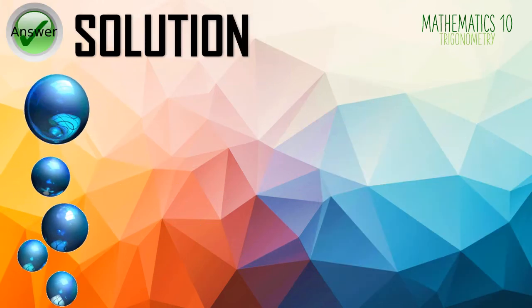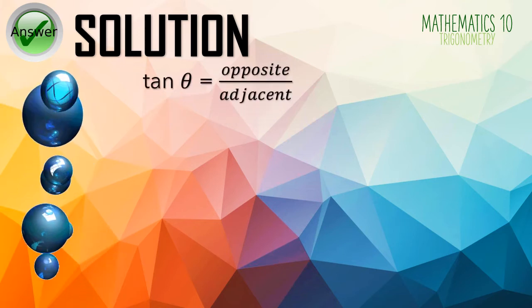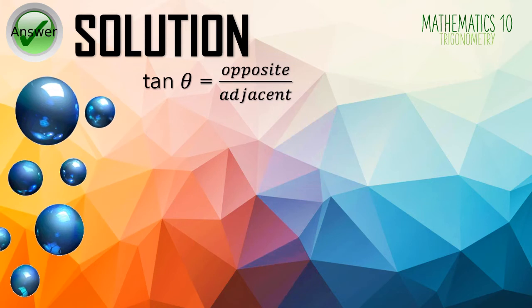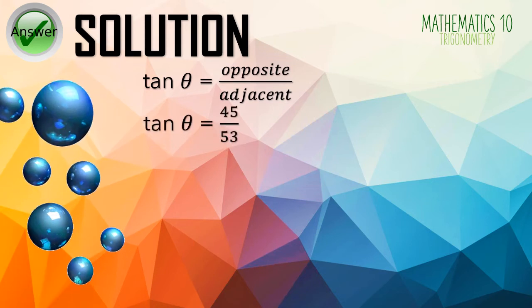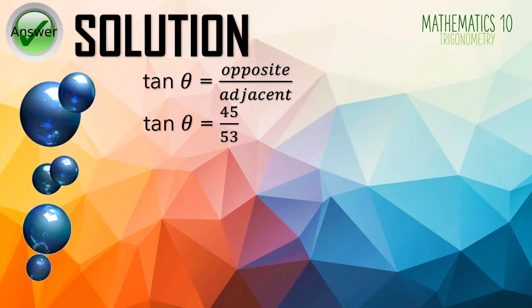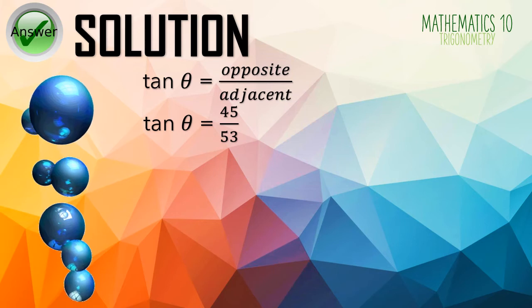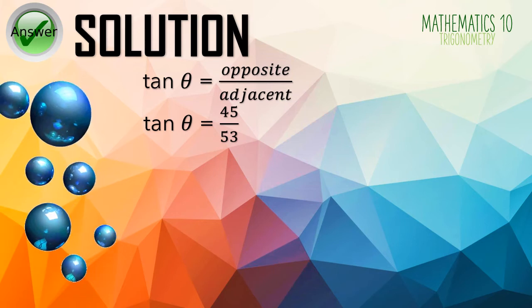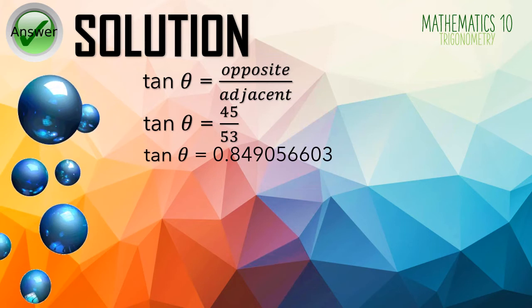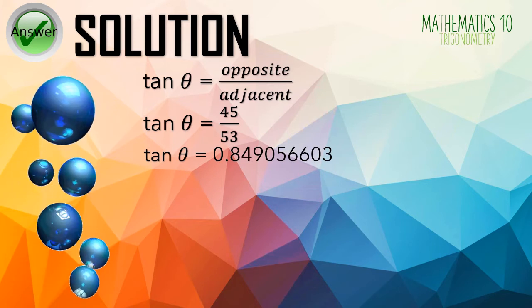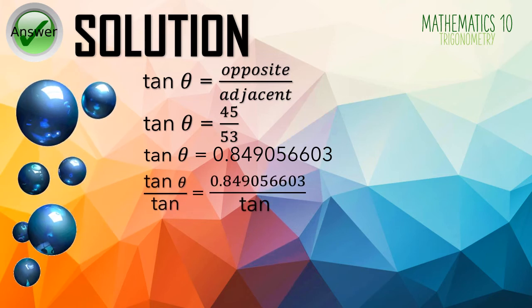Now we are going to use the formula for tangent theta, which is opposite divided by adjacent. Substituting in the formula, we have 45 divided by 53, and we can input it in the calculator to get the equivalent decimal value. Then to isolate theta, we divide both sides by tan.